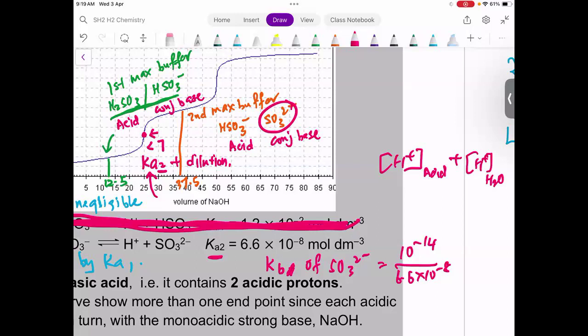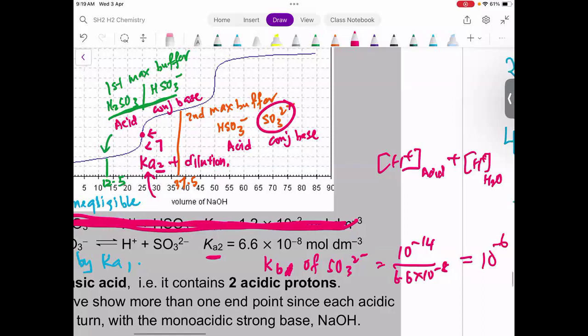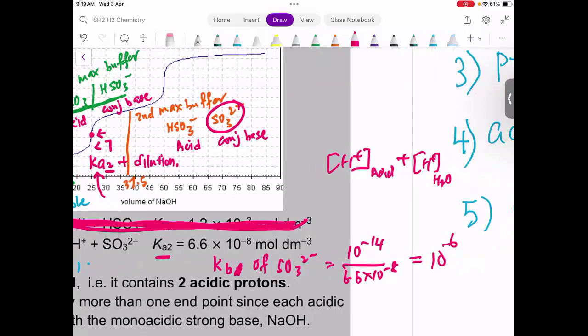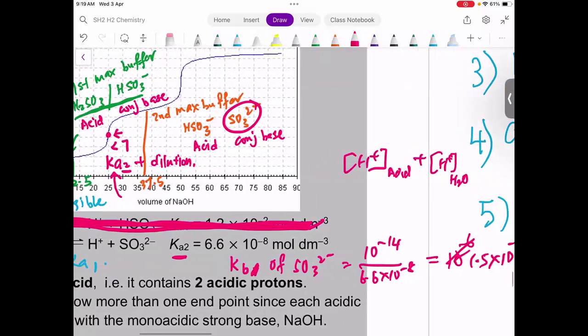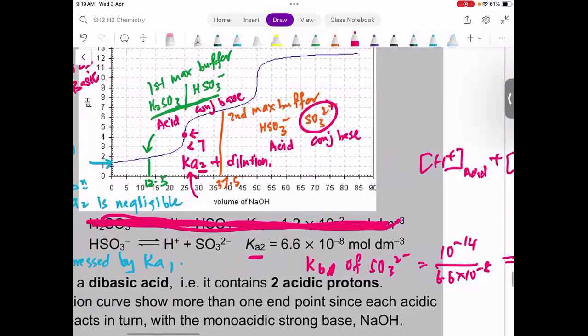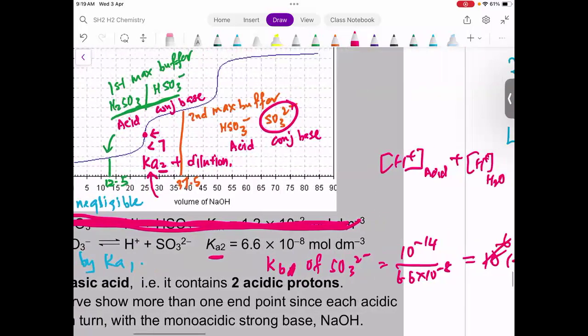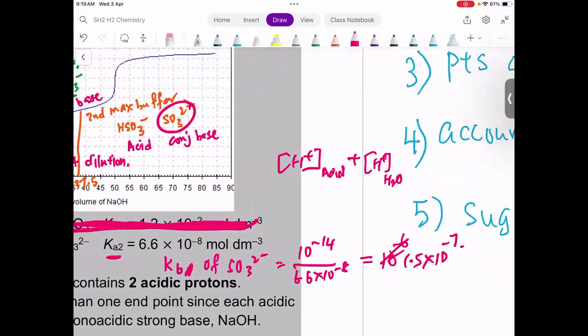It will be 10 minus 14 divided by 6.6 times 10 minus 8. Because as a base, it will take the first H plus. So the Kb of sulfide is 10 minus 14 divided by 6.6 times 10 minus 8. Then what is the value here? About 10 minus 6, one point five times 10 minus 7. So what's the significance?